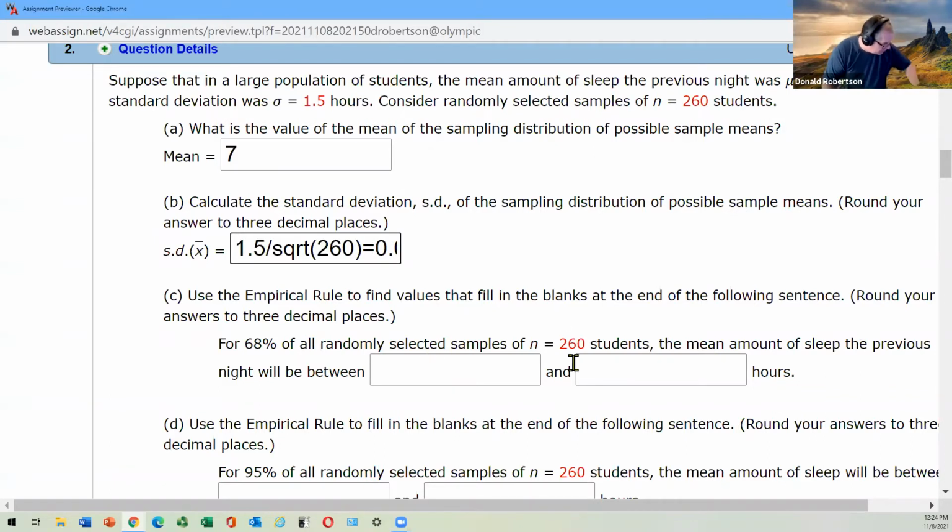Right, now I'm going to leave these guys for a minute and do it on paper because I think you need to see some calculations now. So I'm still working on question 2.